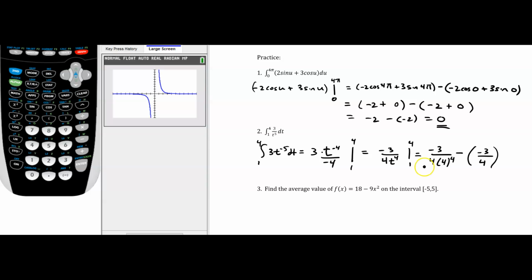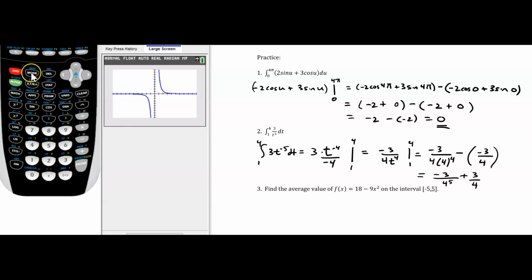And so this is kind of an obnoxious looking answer. It looks like here we have negative 3 all over 4 to the 4th times another 4 all over 4 to the 5th, and then plus a positive 3/4.